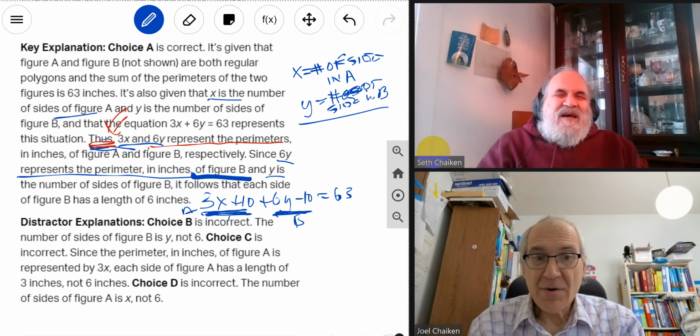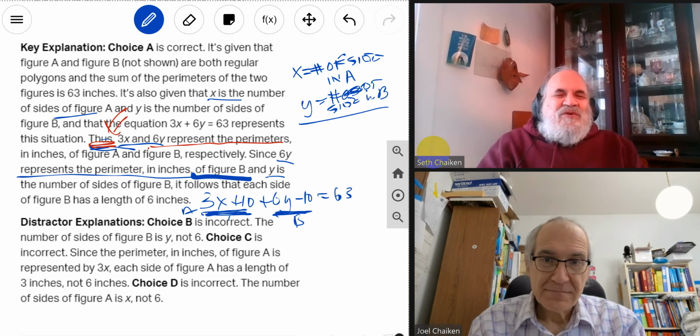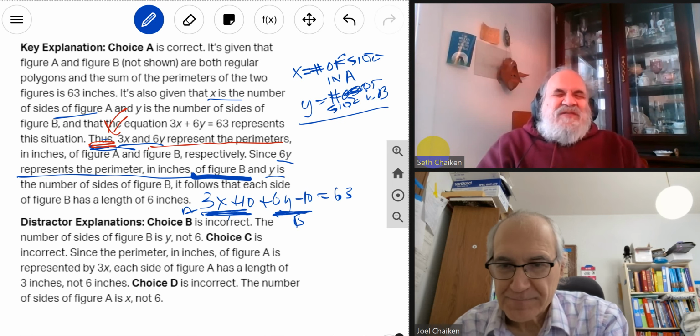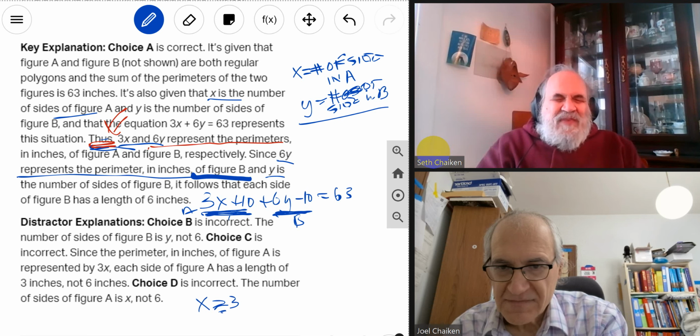Perhaps we should also consider a high school curriculum. Does a polygon with 2 sides make any sense? No. And a polygon with 1 side? No, makes no sense. So each of x and y has to be positive, an integer, and at least 3.